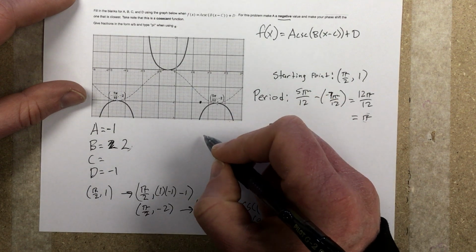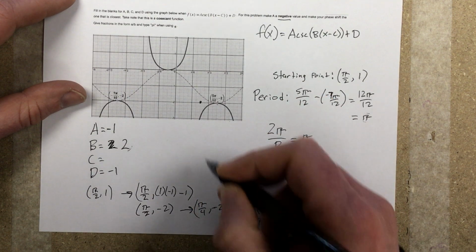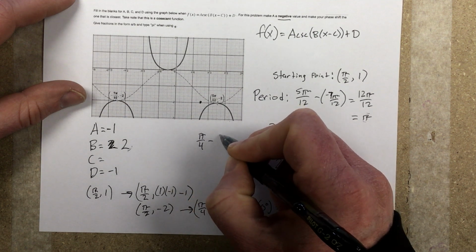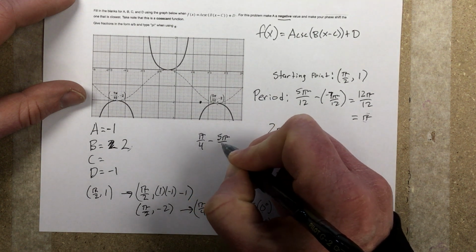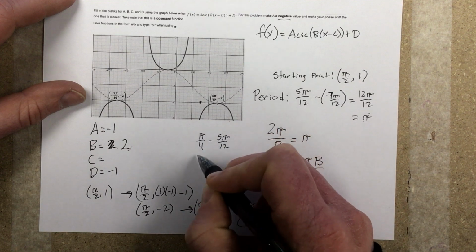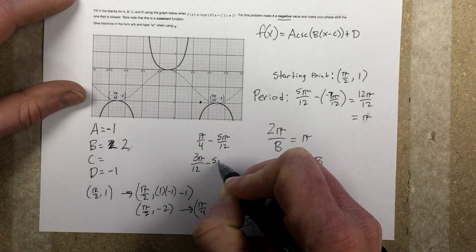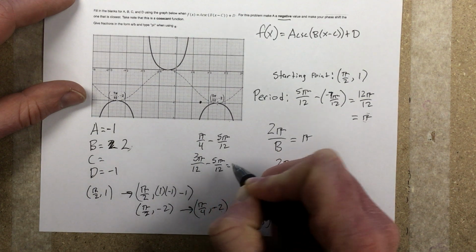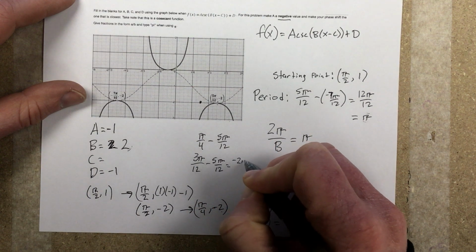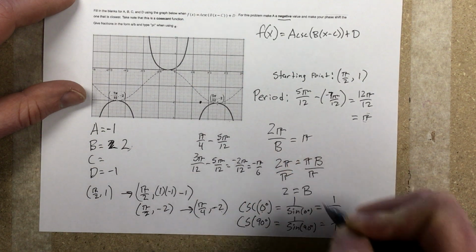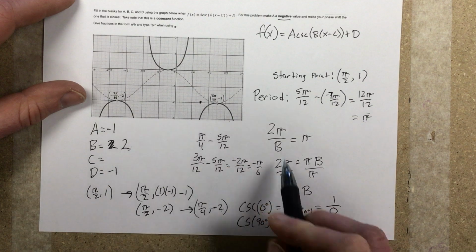So we're going to say that we're at pi over 4, and we're going to subtract 5 pi over 12, which is going to give us 3 pi over 12 minus 5 pi over 12, which gives us negative 2 pi over 12, which is negative pi over 6. So my shift will be to the right.